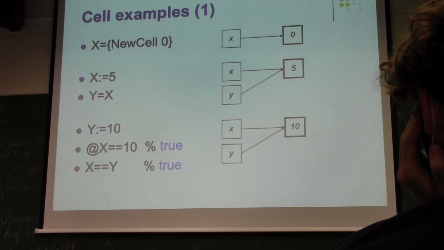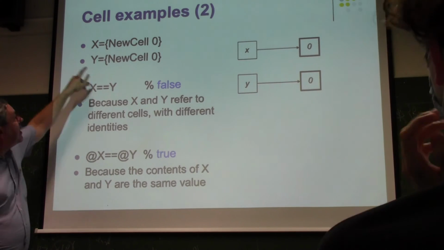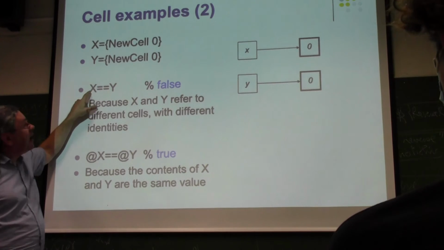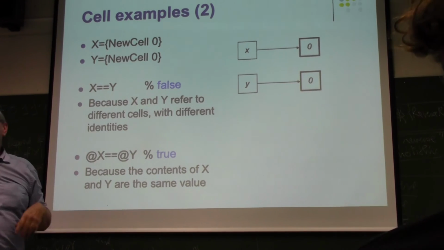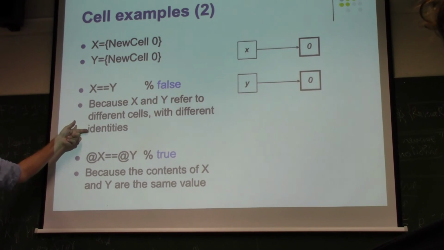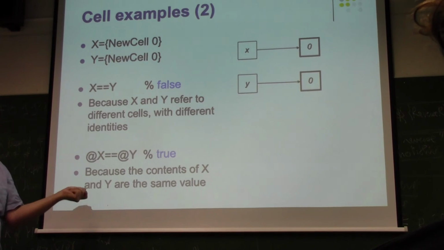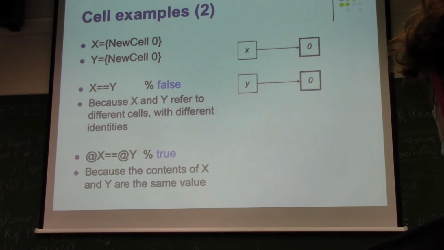If I have two cells, x and y, with the same content, and I compare x and y, it's not the same cell. They are different cells. So you have to distinguish the identity of the cell from the content, which is not the same thing.